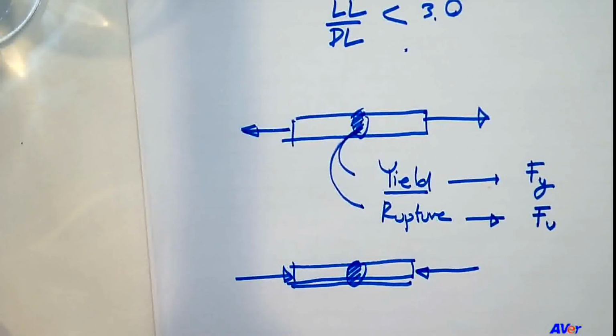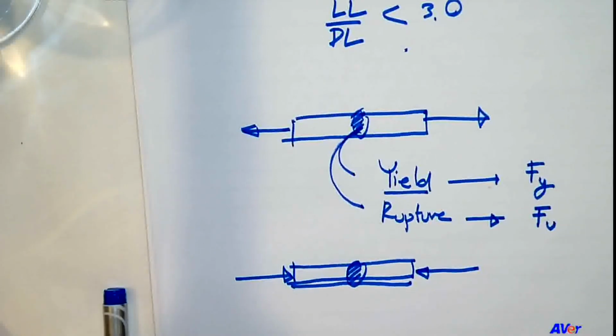Am I correct? But you cannot squash steel just like concrete. If you take a concrete cylinder and you apply compression, it's going to break.